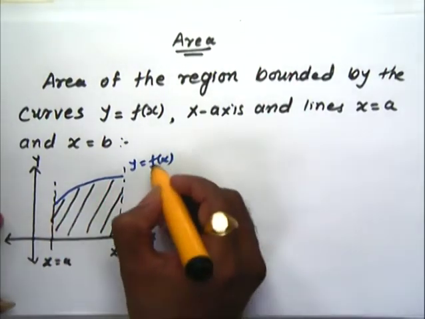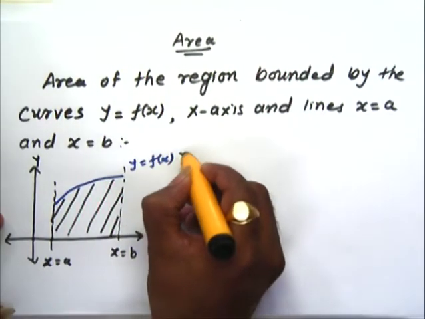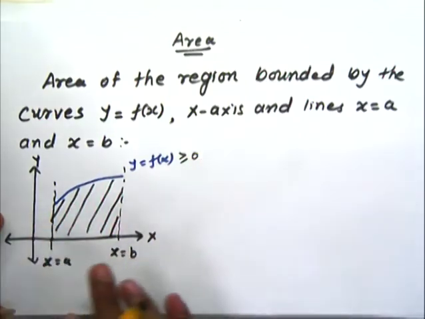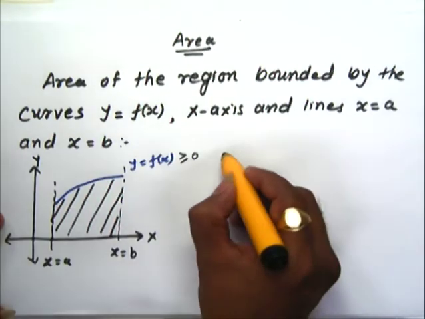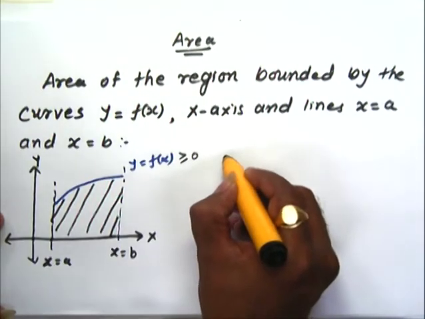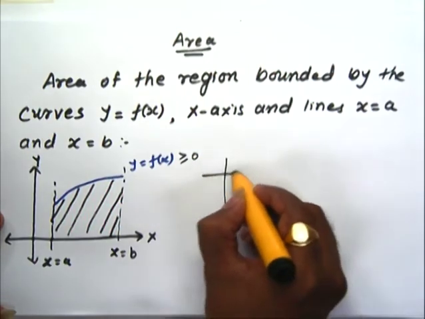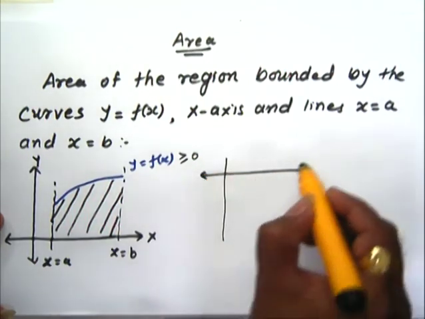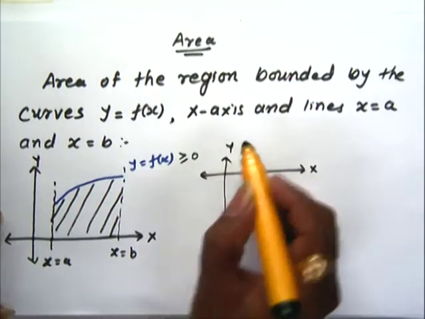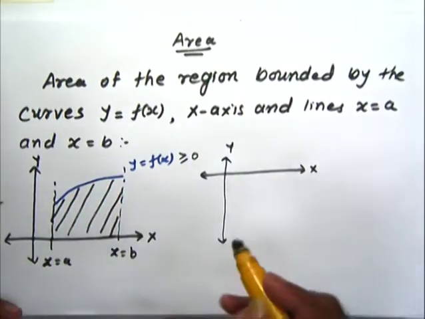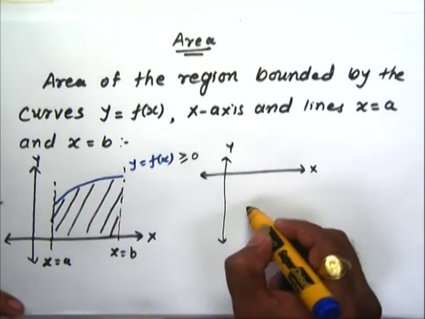This is the figure if f(x) is greater than or equal to 0 between x equal to a and x equal to b. Or if f(x) is less than 0 between x equal to a and x equal to b, then the figure will be like this.